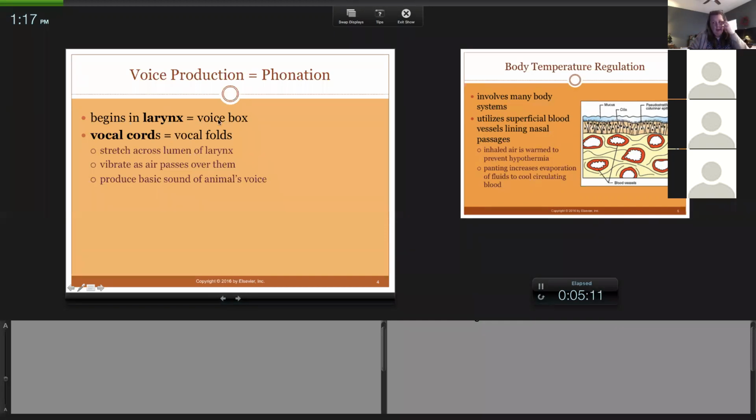The way I tell students to remember this is larynx, lyric, or singing or voice. The larynx contains the vocal cords. In animals, I tend to call them vocal folds. When air comes in through the larynx, it moves across the stretched vocal cords, and when the air vibrates them, it produces a sound.